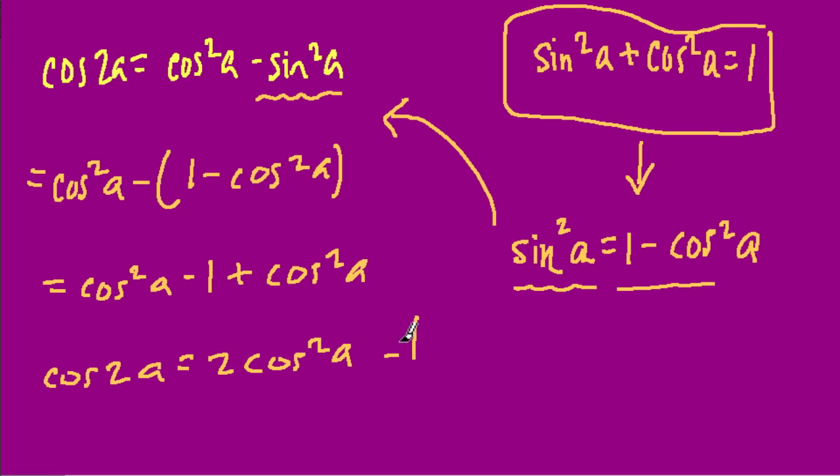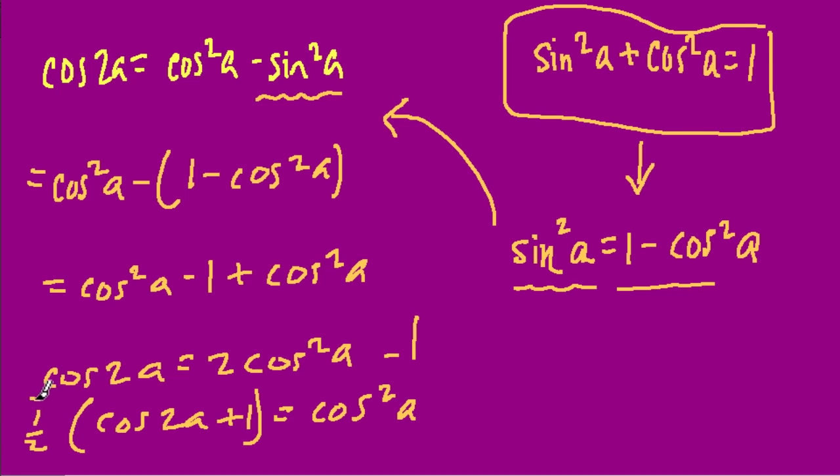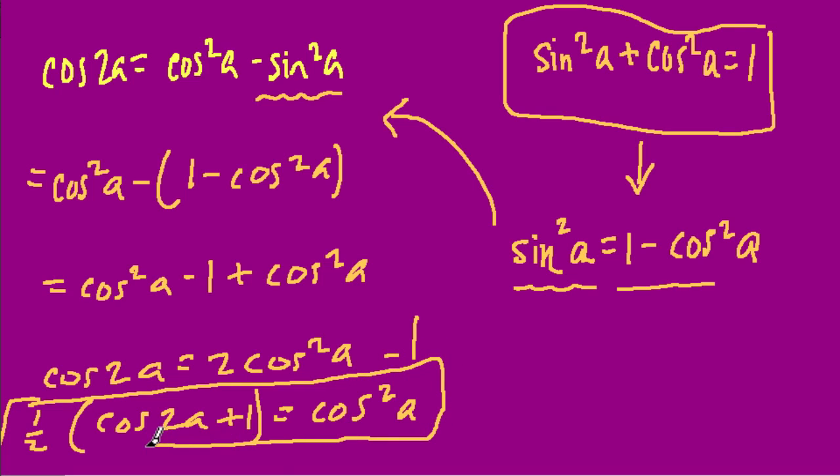And if we wanted to solve this in terms of cosine squared of A, we could add 1 to both sides. We get the cosine of 2A plus 1 equals 2 times the cosine squared of A, but I'm going to divide both sides by 2. So you can say cosine squared of A equals 1/2 times the cosine of 2A plus 1. There's another identity.